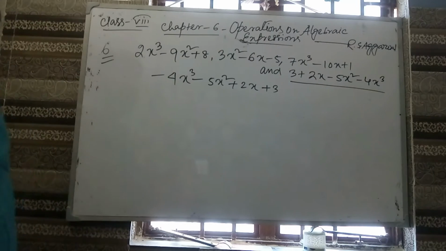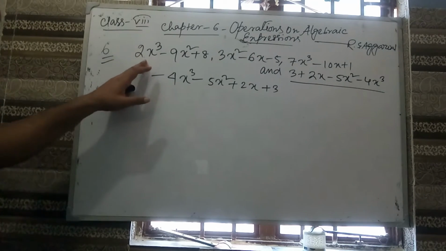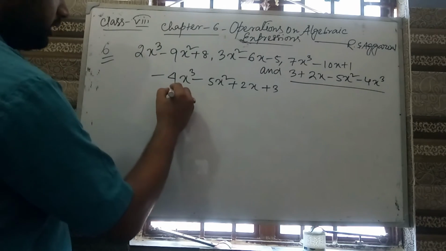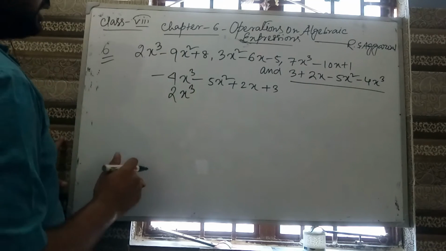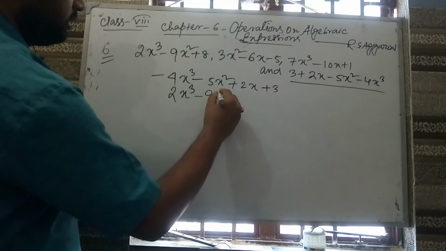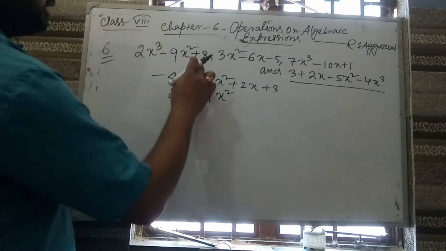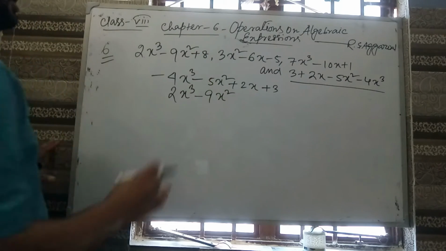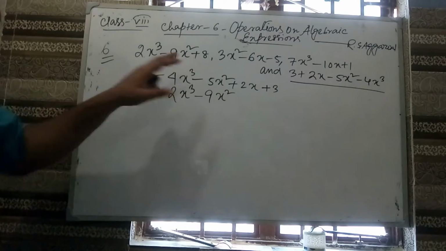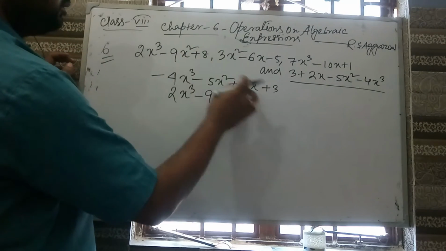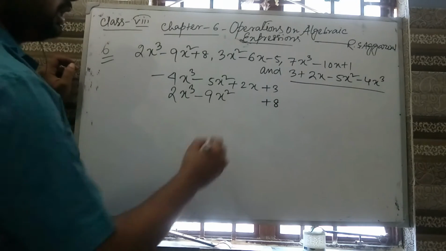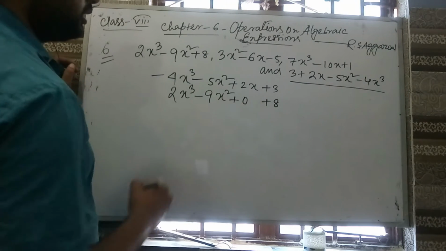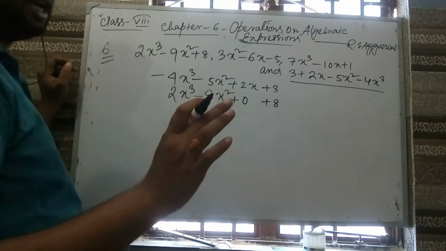First term is 2x cube, it is plus, so write 2x cube. Next one is minus 9x square. Then we do not have any x related term here, so we move on to the constant part, plus 8. You can add 0 here or just keep a blank space.